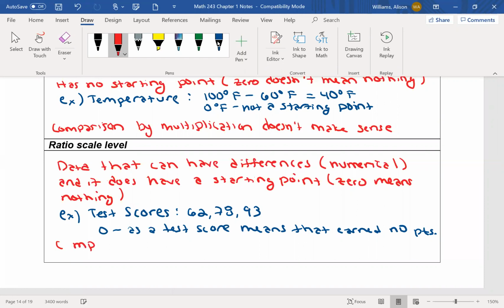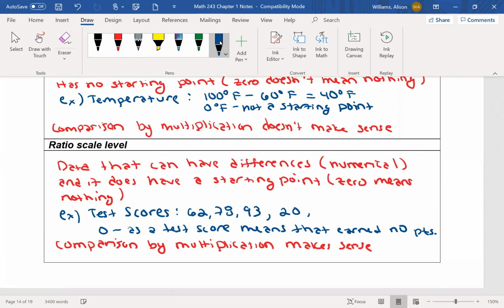When somebody scored 20 points on an exam and another person scored 80 points, they did score 4 times as many points.